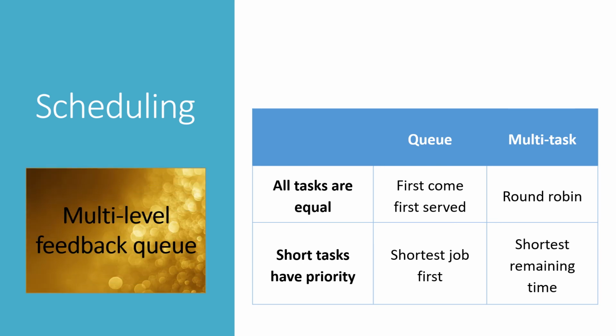But the winner is the more modern method, which is called a multi-level feedback queue, and that really is where the computer does a much more complicated job.